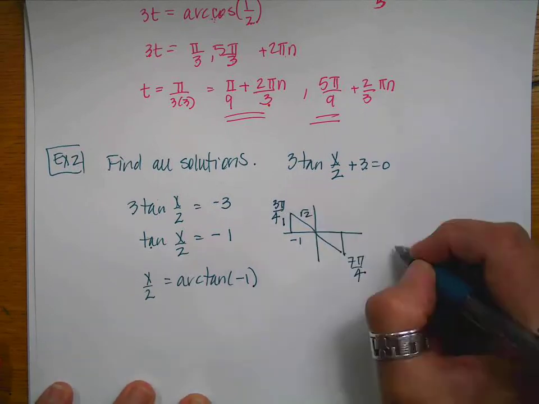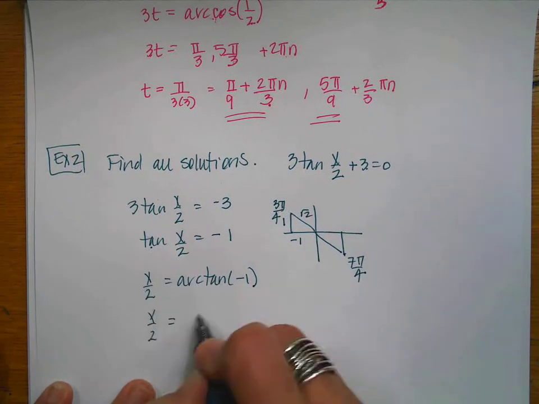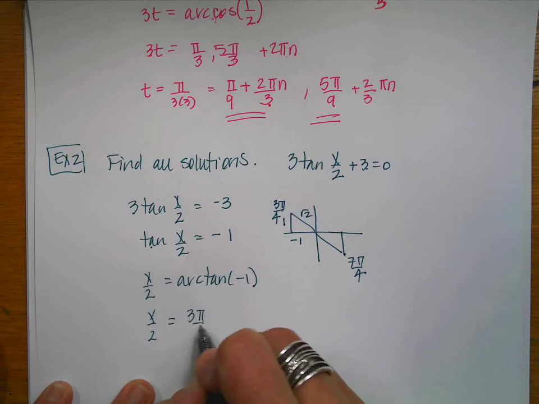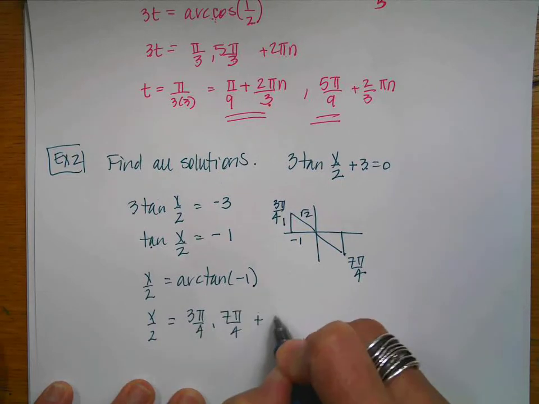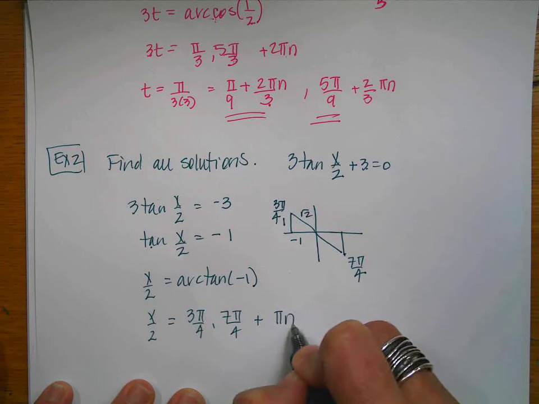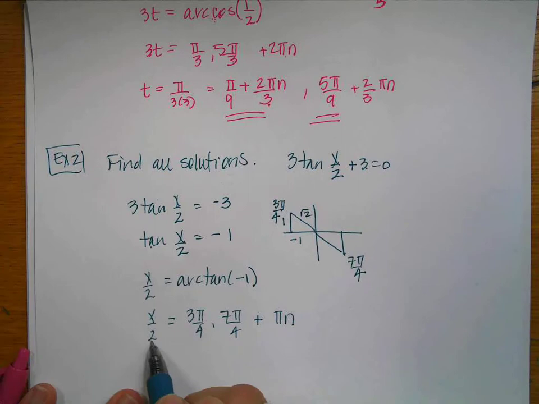So then we're going to do the same thing. The period for tangent is pi n, so I'm going to write x over 2 is equal to 3 pi over 4, 7 pi over 4 plus pi n, because the period of tangent is pi. Well, then I have to multiply both sides by 2.